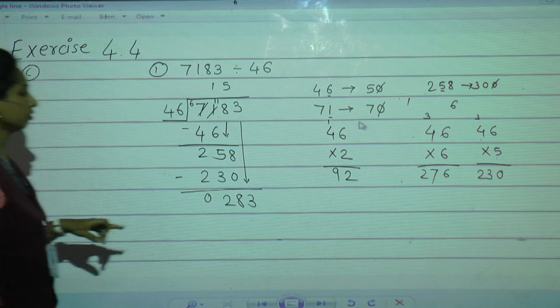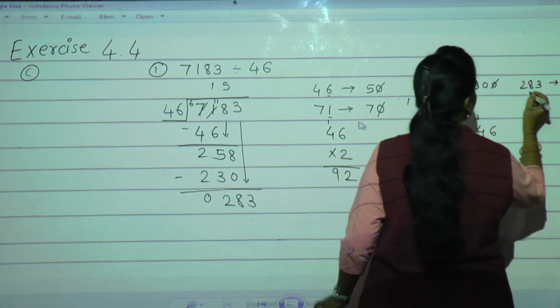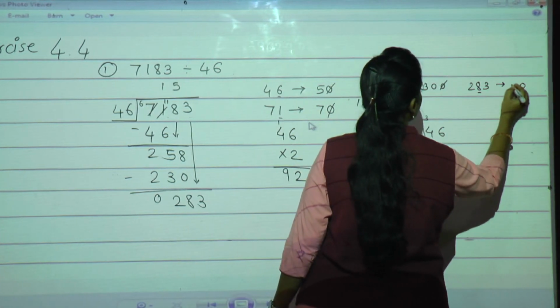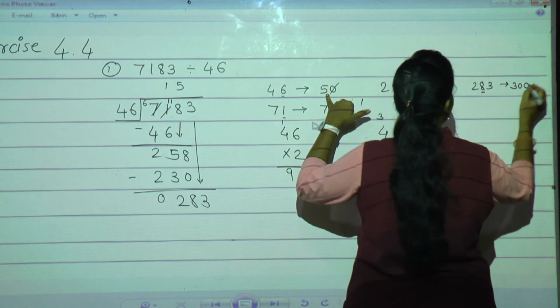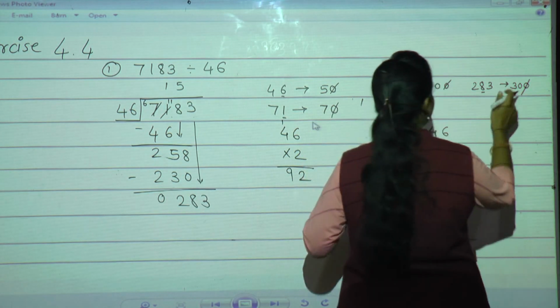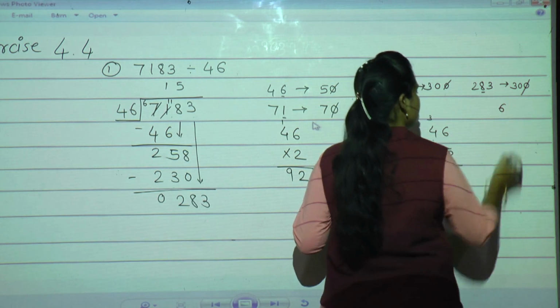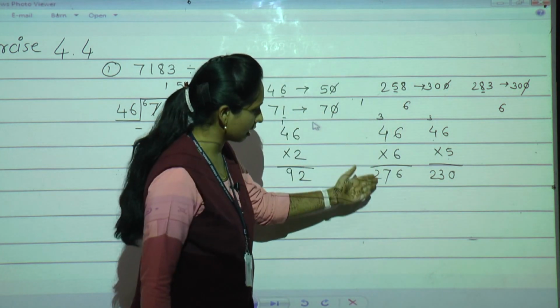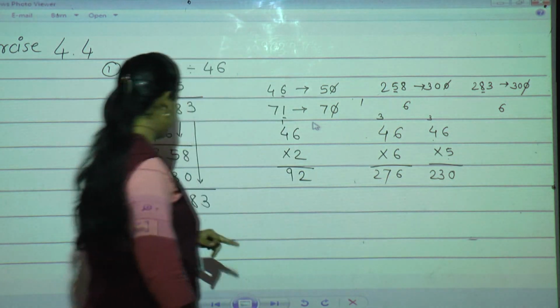Now we will find out the nearest to 283 number. See 8 is there, so we'll go 300 only. Now 50 and 300 cross 1 1, 5 and 30. How many times 5 means 30? 6 times. See, we do have 6 times quotient, that is 276.